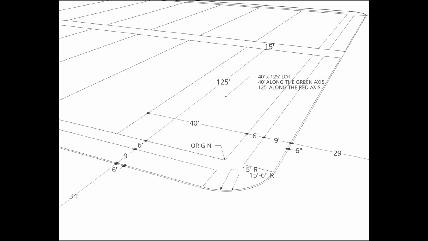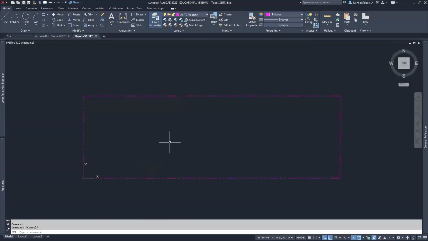I'll proceed. Now I'd like to get my sidewalks in there, and the sidewalks are 6 feet away from my property. And I want to make sure that I draw my sidewalks. So here's what I'm going to do. Back to my site.